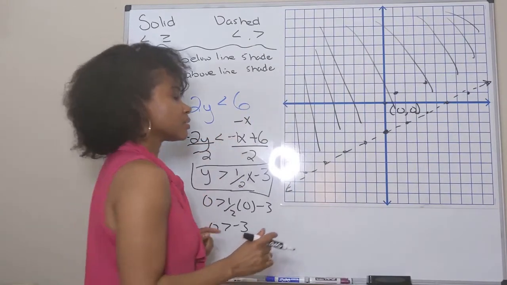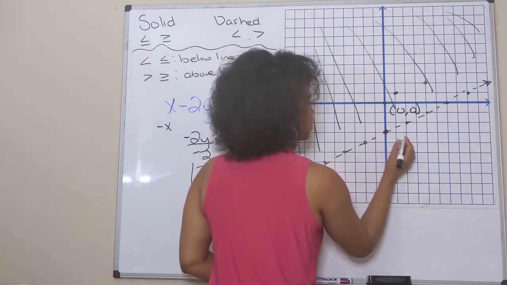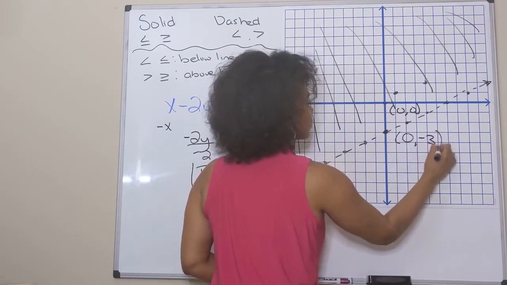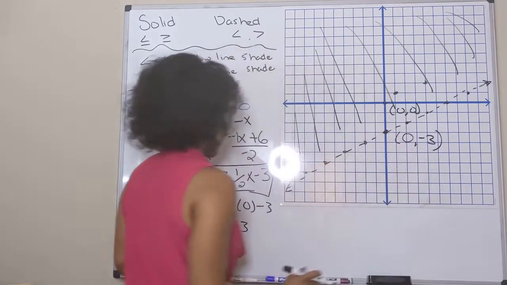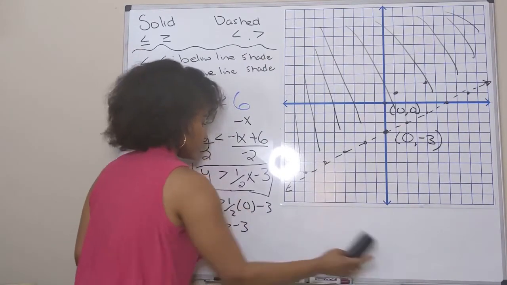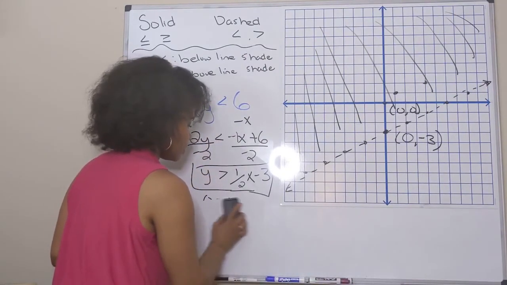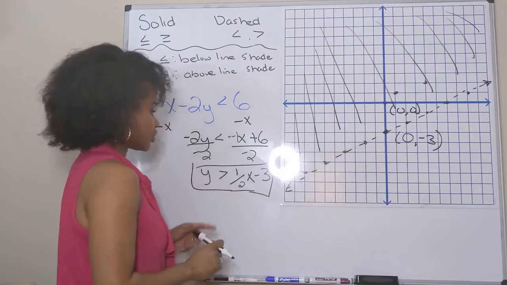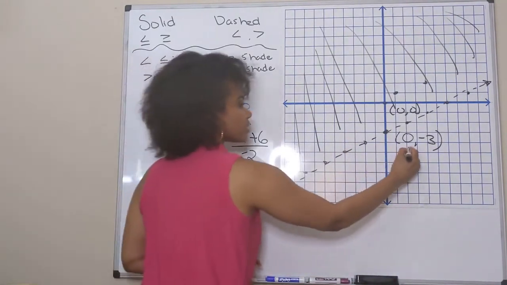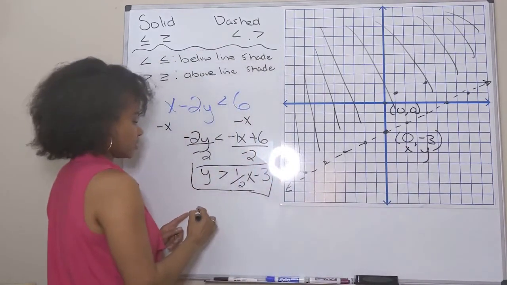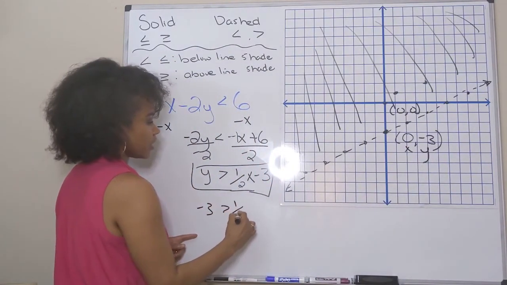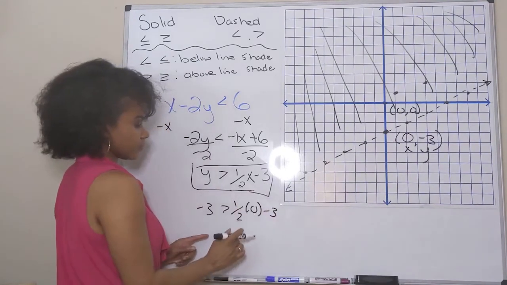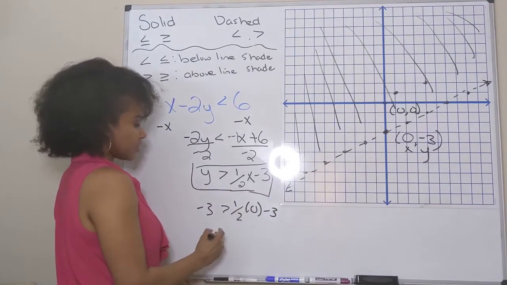But now let's look at this point here. This is the ordered pair 0, negative 3. All right. If we plug that in, would that be a solution? Hopefully you already know that because it is a dashed line, but just to show you, this is x, this is y. So negative 3 is greater than 1/2 times 0 minus 3. 1/2 times 0 is just 0.